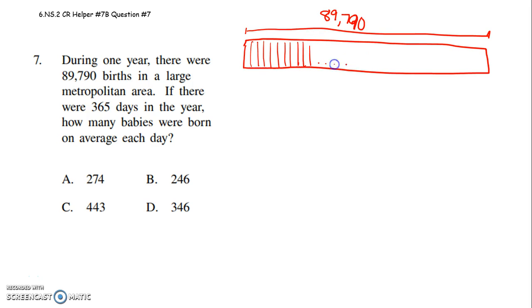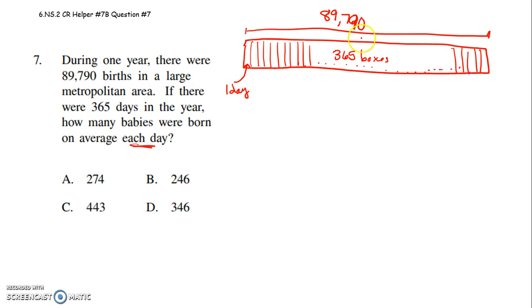It's not happening. But let's just pretend that we made 365 boxes in our tape diagram. That way, each little individual box would represent 1 day, because they want to know on average each day.